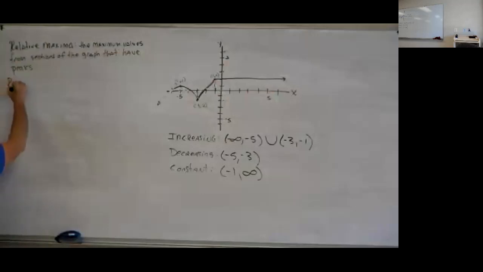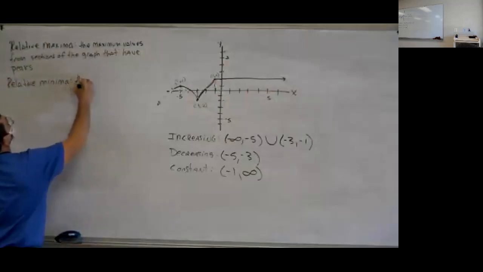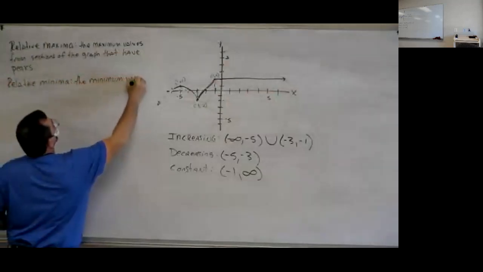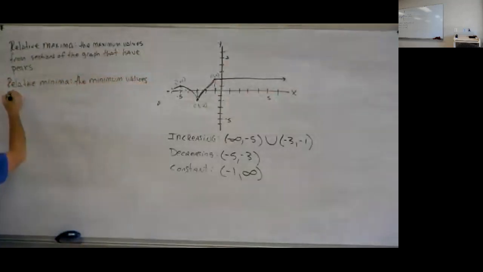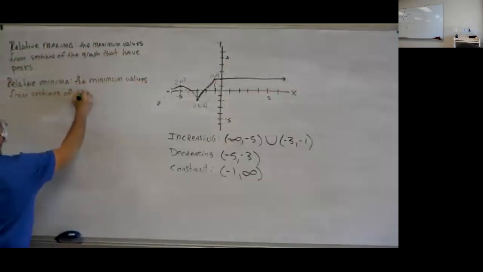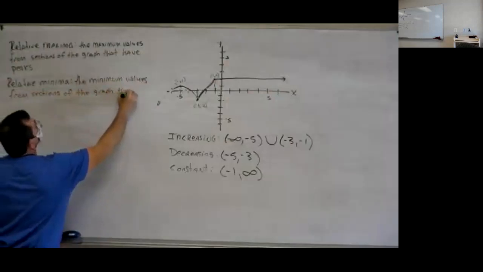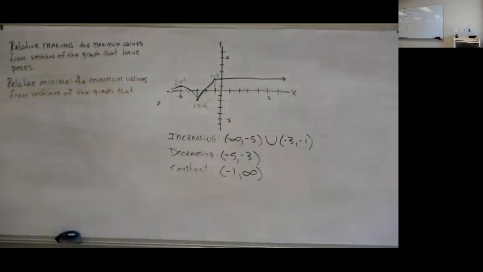Which means our relative minima will be the minimum values from sections of the graph that have what I call valleys.